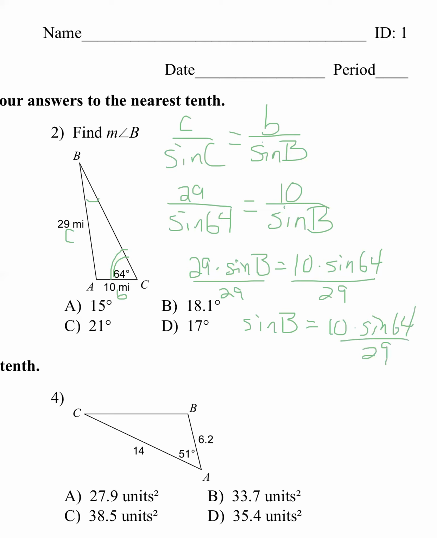Pop it in my calculator: second sine, 10 times sine of 64, close that parenthesis, divide by 29, and that gets me 18.05. If we're rounding to the nearest tenth, that's 18.1. There it is, choice B. So angle B was approximately 18.1 degrees.